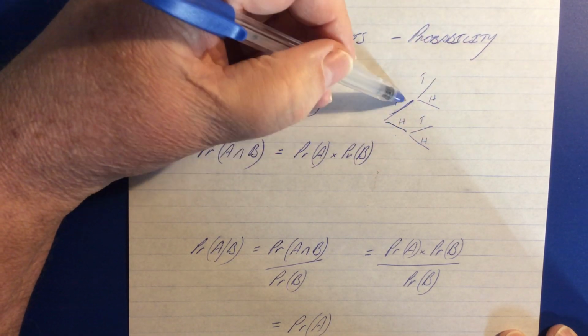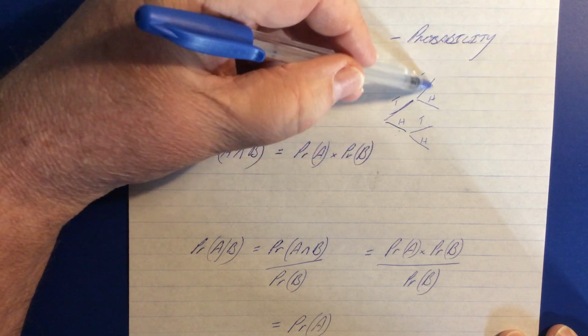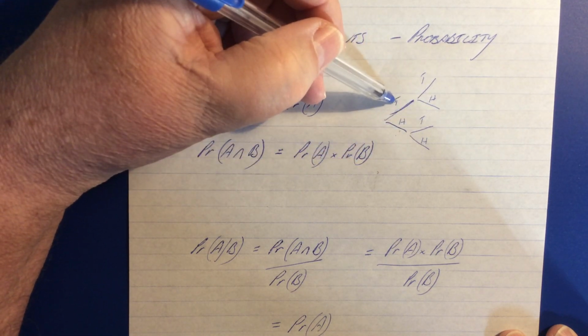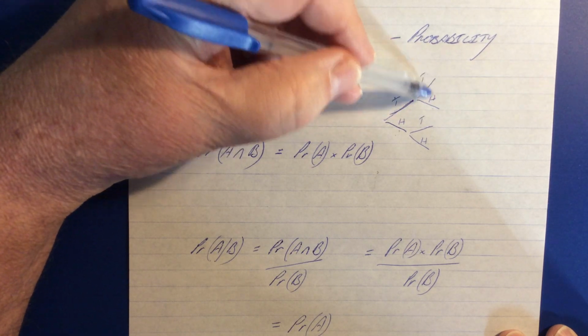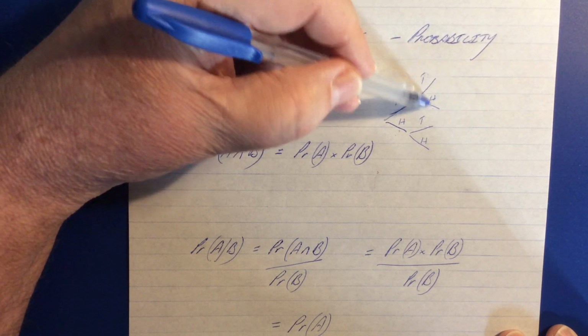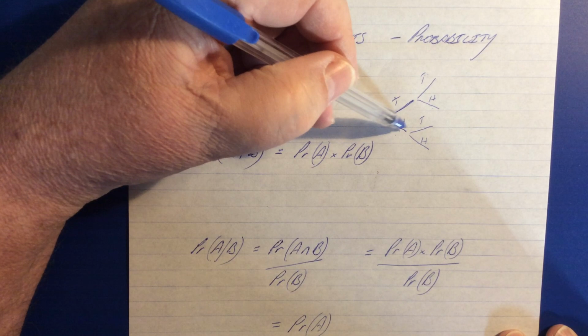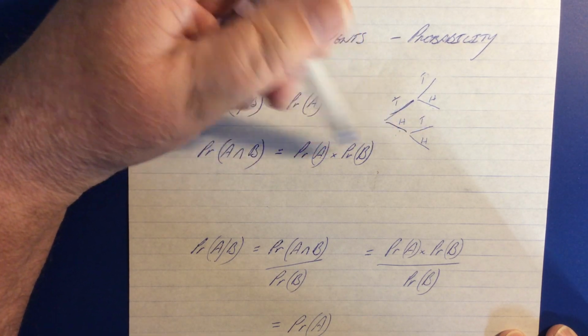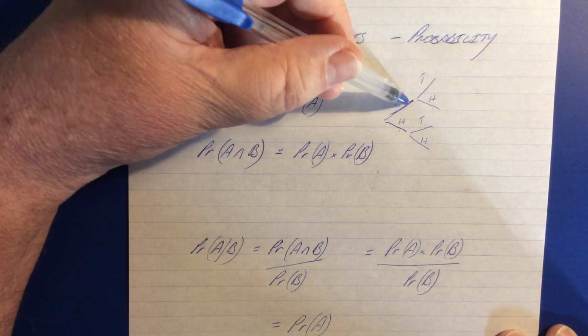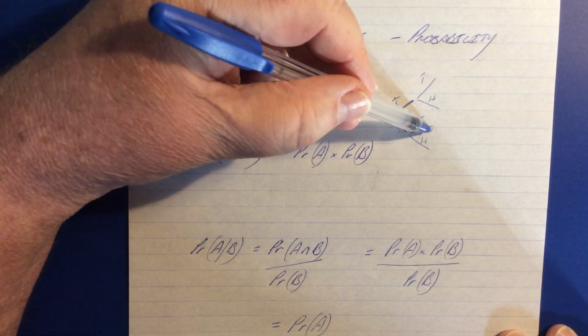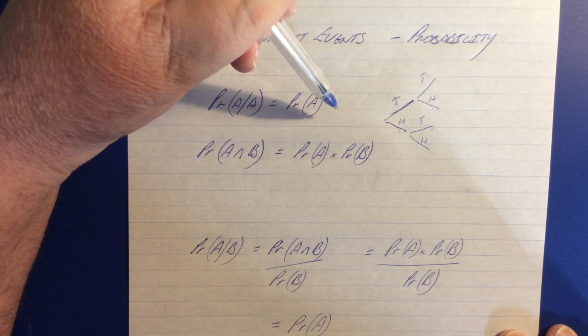So this is the first throw here, and these are the second throws. So if you throw a tail, you've still got an equal chance the next time of throwing a head or a tail, and similarly for that. And so when you work out the probability of A intersection B, it is the probability of this times the probability of this, because these events are independent.